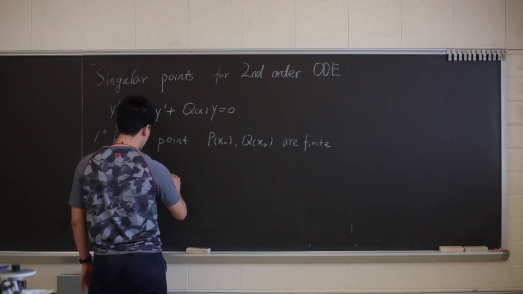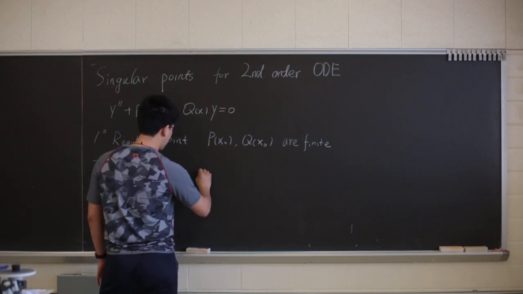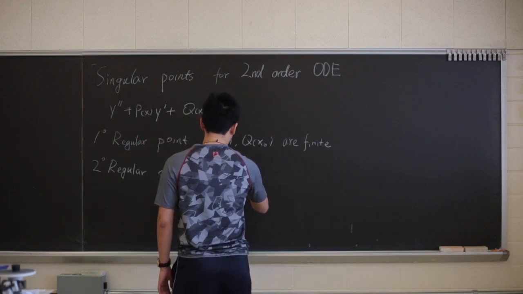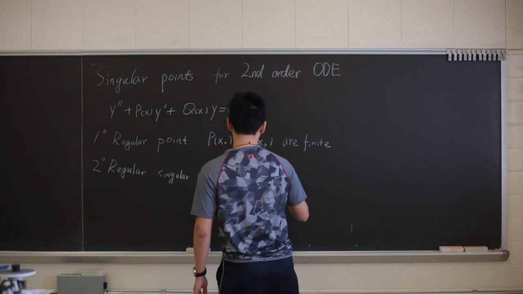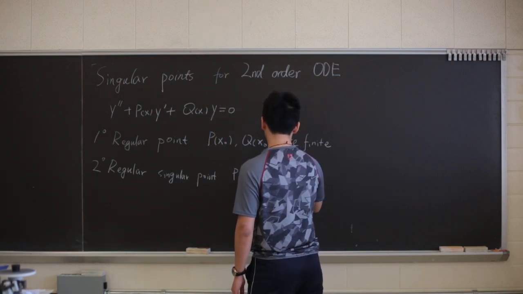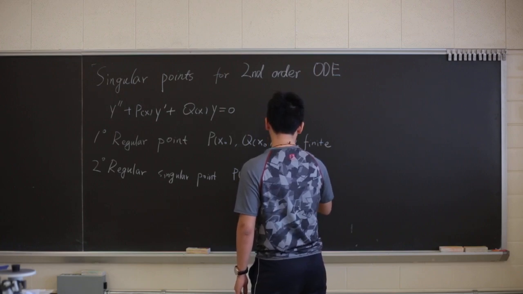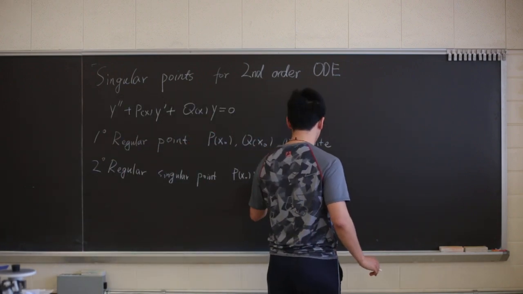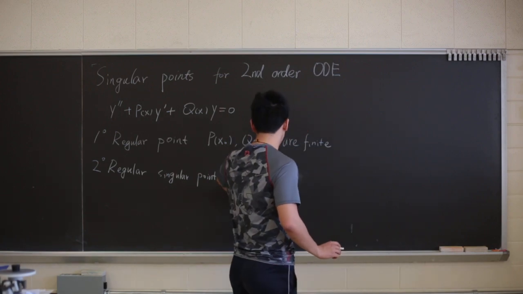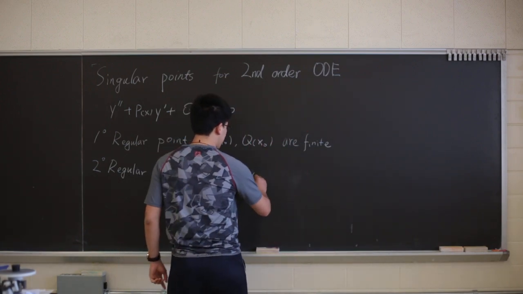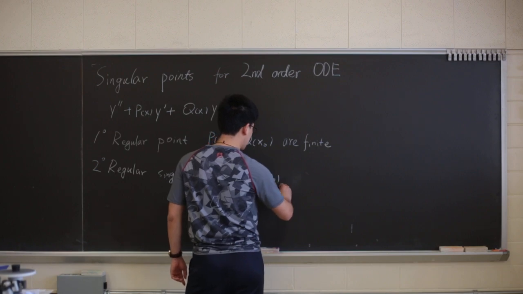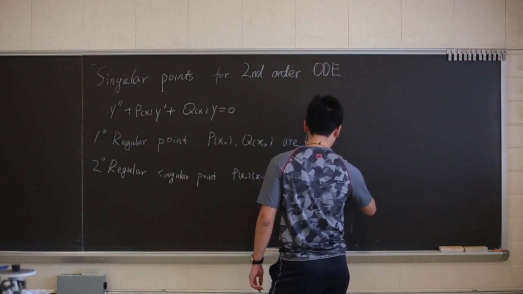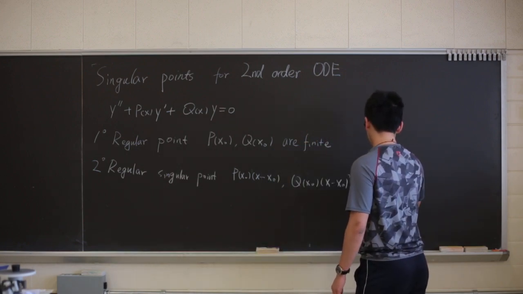Regular singular point, which is when p(x0)(x - x0) and q(x0)(x - x0)^2 are finite.